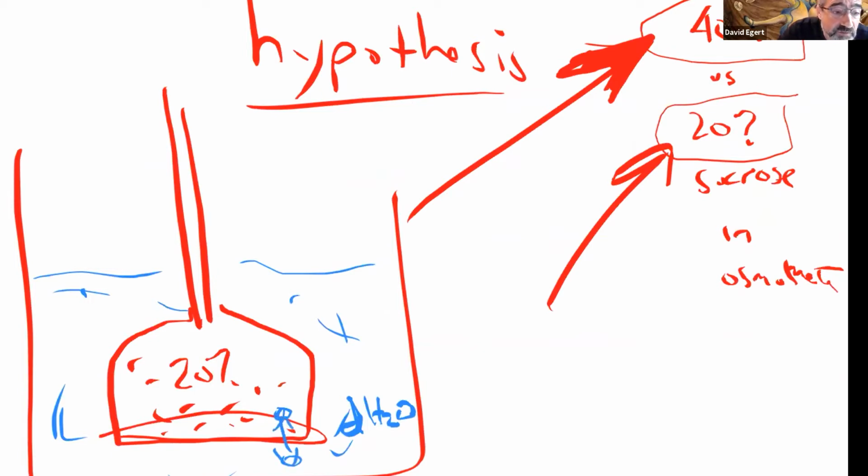The difference between 0 and 40 is a lot greater than the difference between 0 and 20. So it's important that you explicitly address that when you have the 40% in the osmometer, it's going to have a higher gradient compared to the distilled water outside.